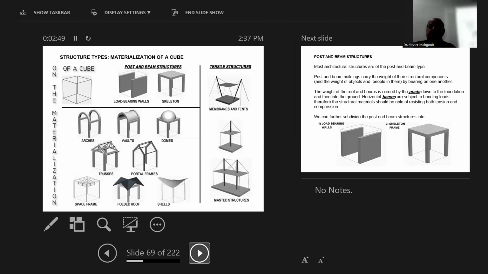The old type of structure was the bearing wall, and this bearing wall was used for thousands of years using materials like stone, like mud, even concrete was used, but not reinforced. Concrete is a very old material, but it was not with reinforcement of steel.